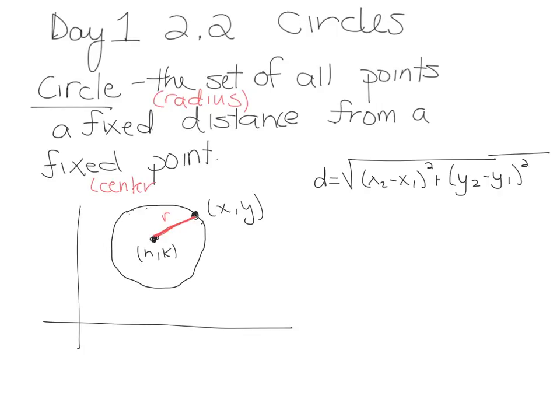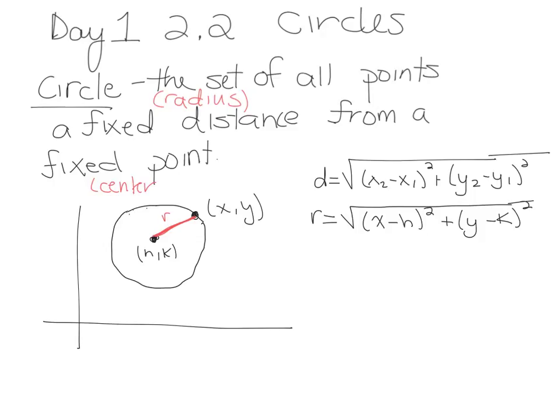We last saw this back in chapter 2. Well, let's fill in what we know. Rather than calling it d, that distance between our center and our point is r, equals the square root of, and just so it's nicer, (x minus h) quantity squared plus (y minus k) quantity squared.